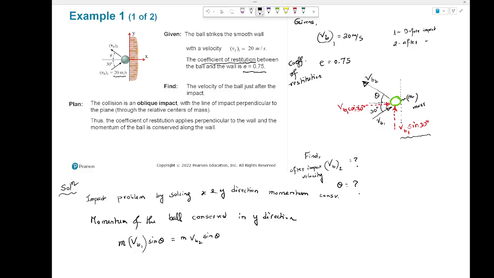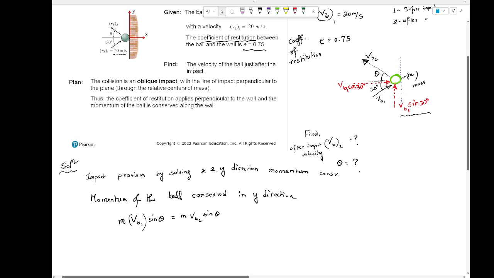This theta or VB2, nothing that you know. Those are the things that you'd like to find. Now you have one equation. This theta on this side would be 30 degrees. Don't get confused with before and after impact theta. On this equation you have one equation, two unknowns, both on the right side. So we've got to take care of something regarding that. This m you don't care about, because it is going to cancel out on both sides.